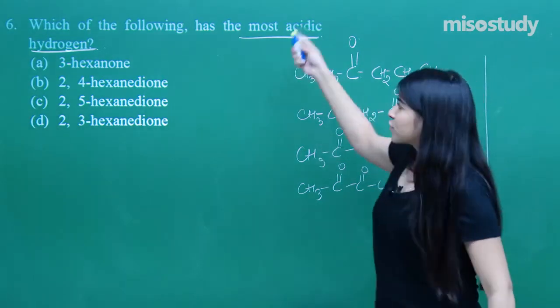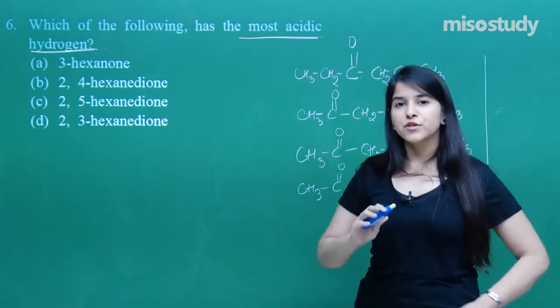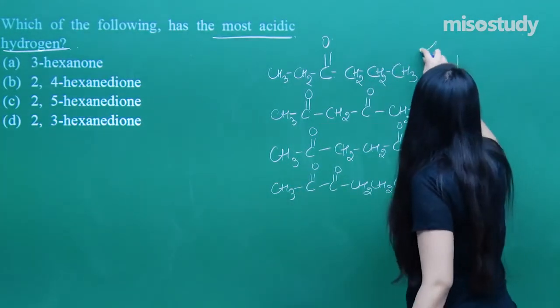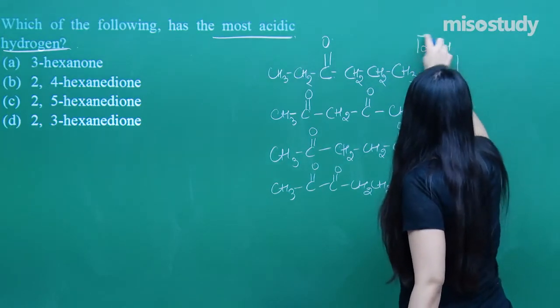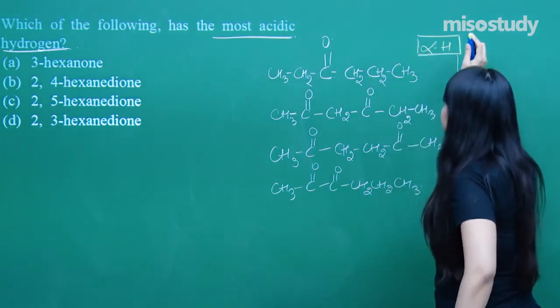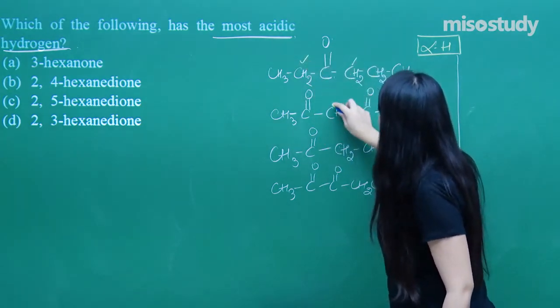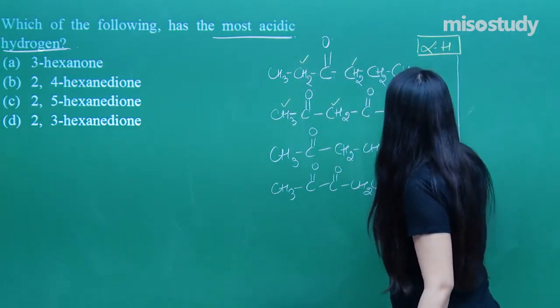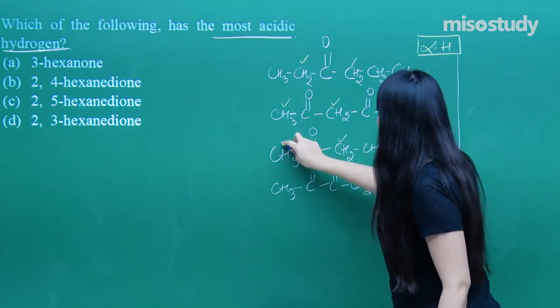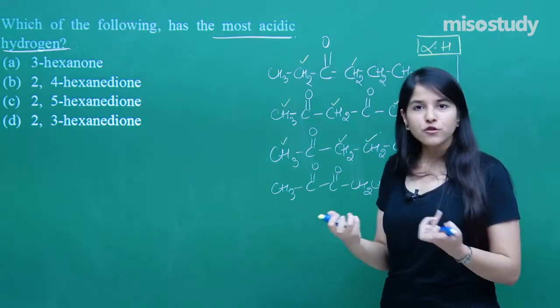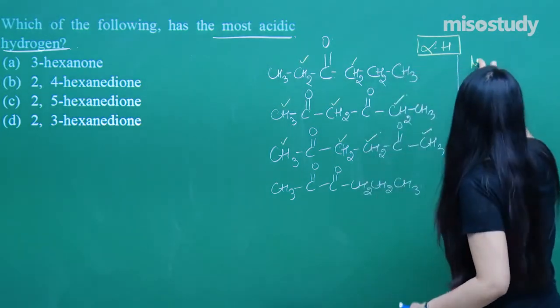So we need to find out the most acidic hydrogen. First of all I need to find the alpha hydrogen, which is attached to the alpha carbon. So where are the alpha carbons? The most acidic would be the one which is attached to the most electron withdrawing groups.